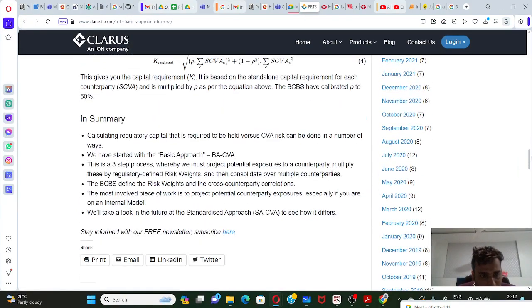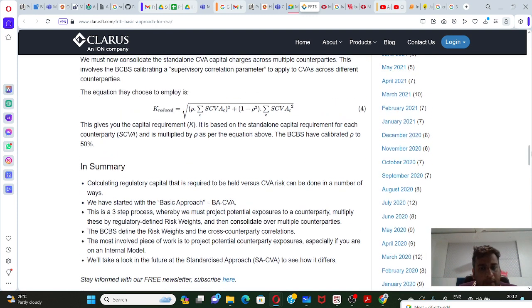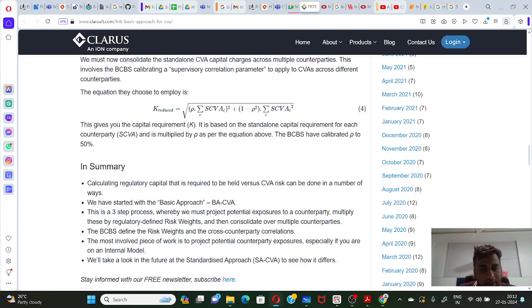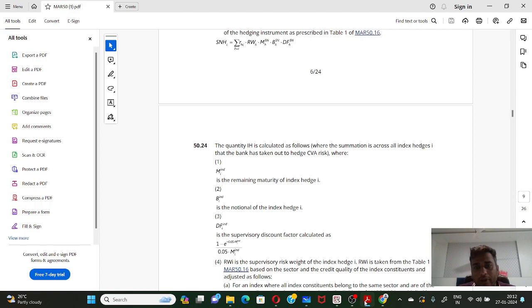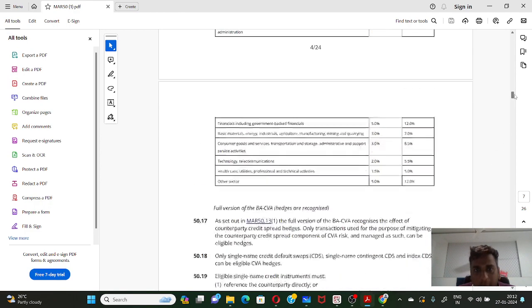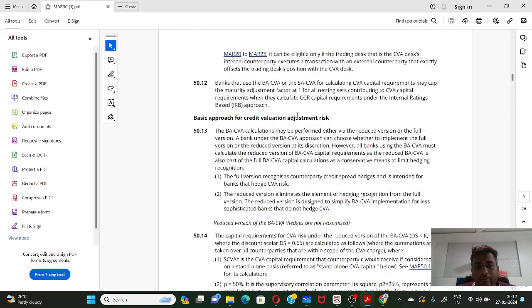So, this CVA calculation has essentially three approaches. How to calculate CVA? There are three methods which are defined. So there is a basic approach.